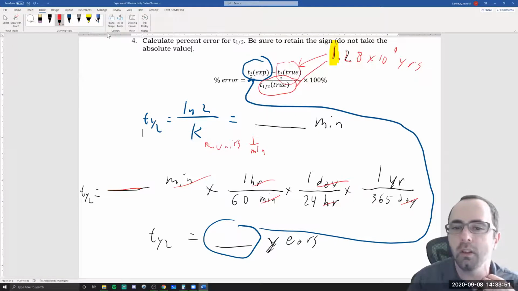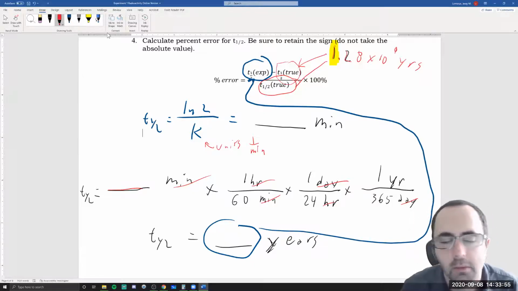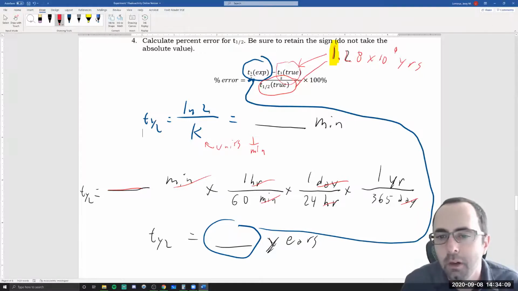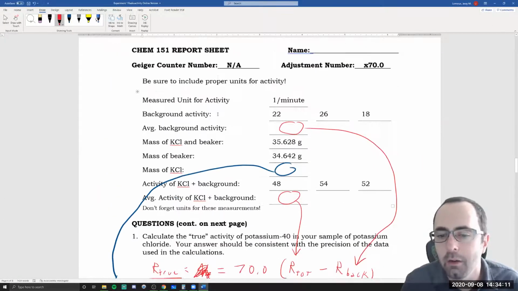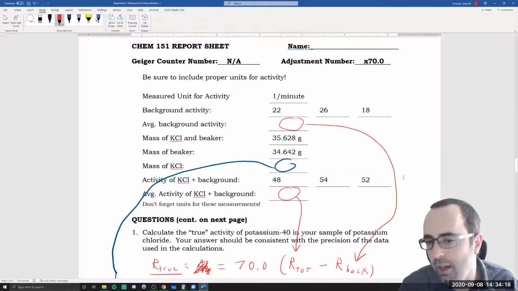You put those in there and you can calculate your percent error. The percent error isn't always great. I tried to make sample data that reflects the real life of trying to do this experiment, because you're only counting the counts over a period of a few minutes. Let's think about error in this experiment. Your net counts is somewhere in the 20 to 30 range.